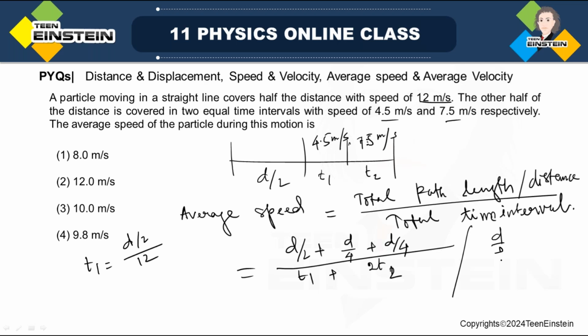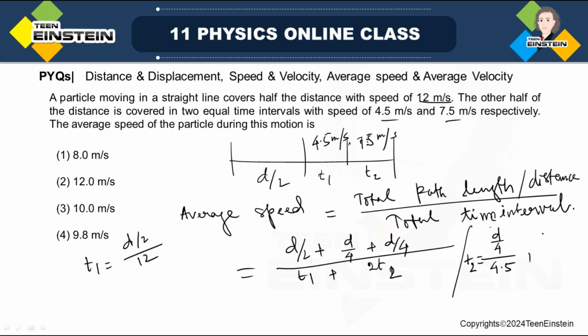We have to use d by 4, which is covered in equal time intervals. So d by 4 by v is equal to T2.